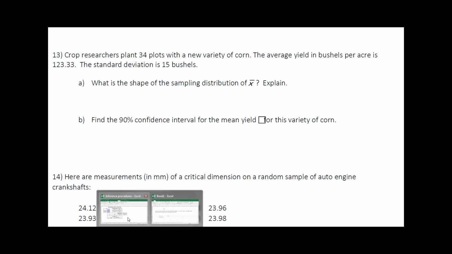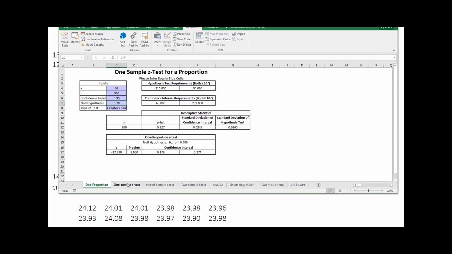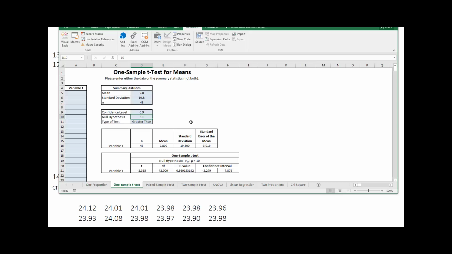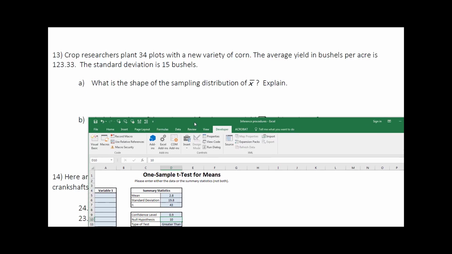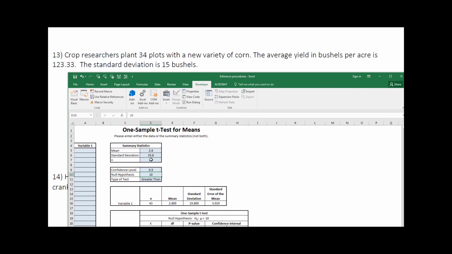So what I can do then is go to our nice fancy spreadsheet, and this time the only spreadsheet we need to worry about is this one sample t-test one. Let's see, get my numbers right, 90%. I'll type in my mean of 123.33, standard deviation of 15, and sample size of 34.